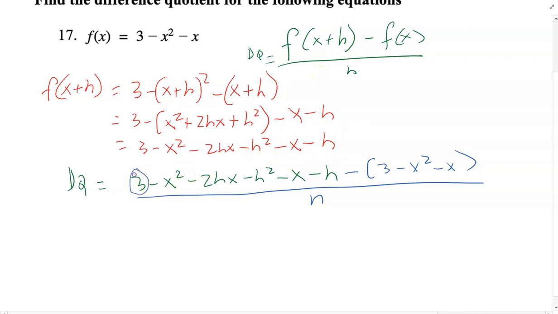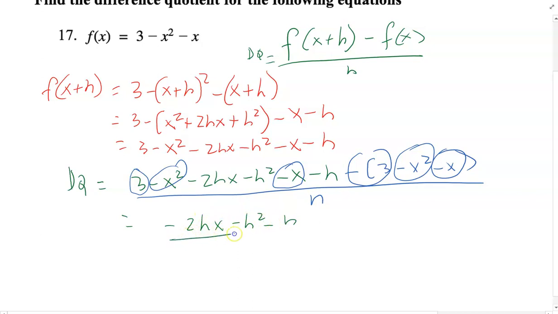So let's continue simplifying that down. There's a 3, and there's a minus 3, there's a minus x squared and a plus x squared, so those drop out. And then there's a minus x, and a plus x, so those drop out. So what you have then is minus 2hx minus h squared minus h all over h.